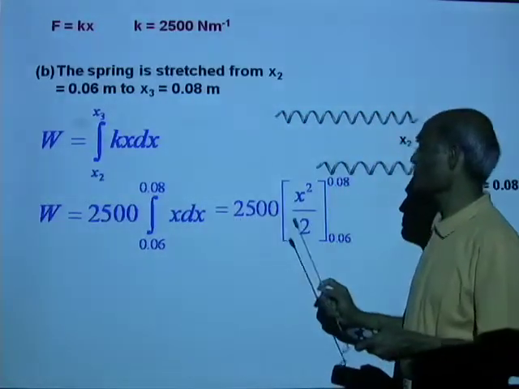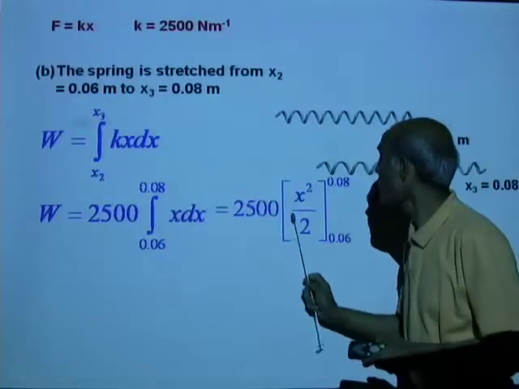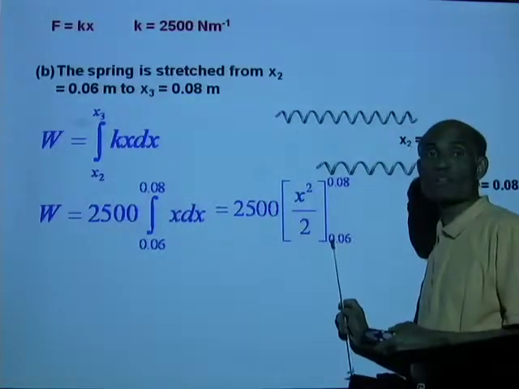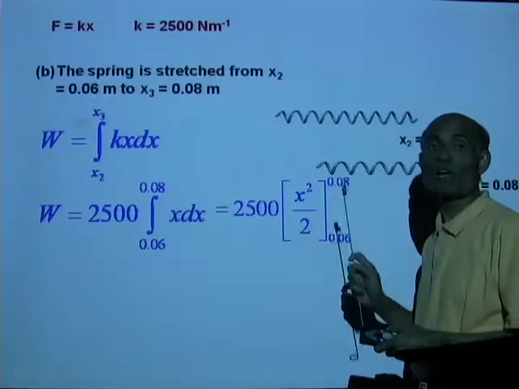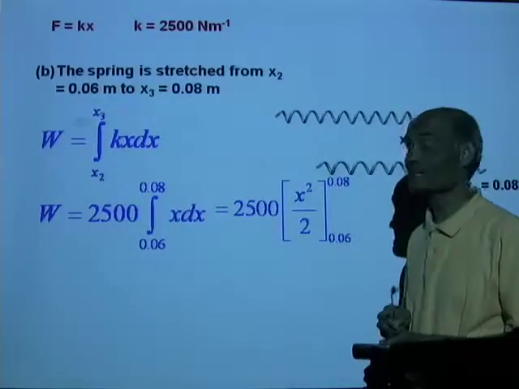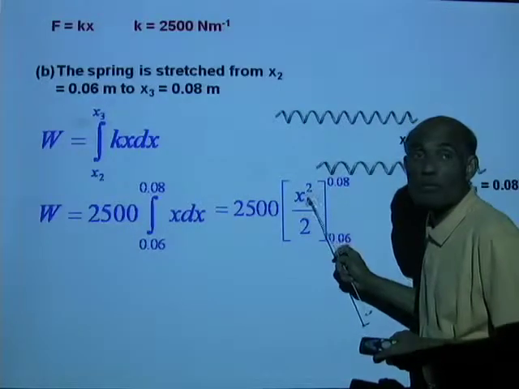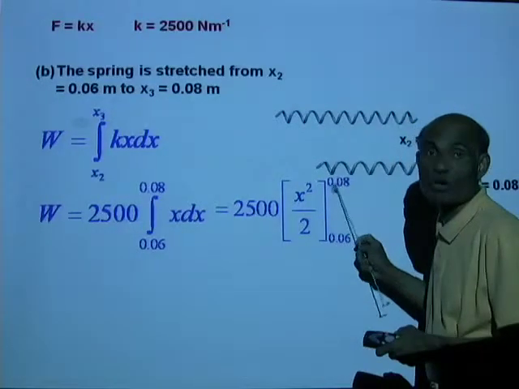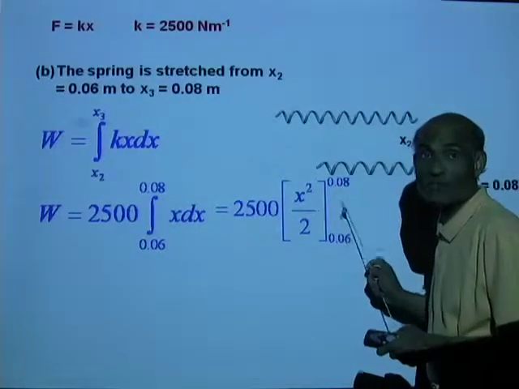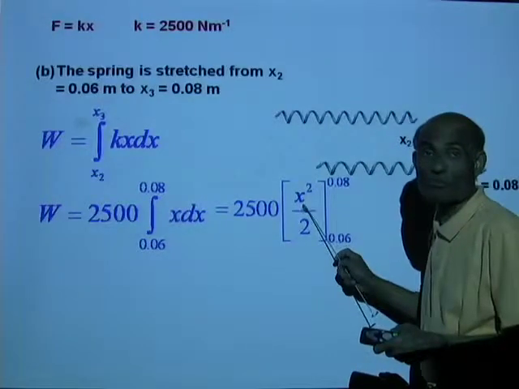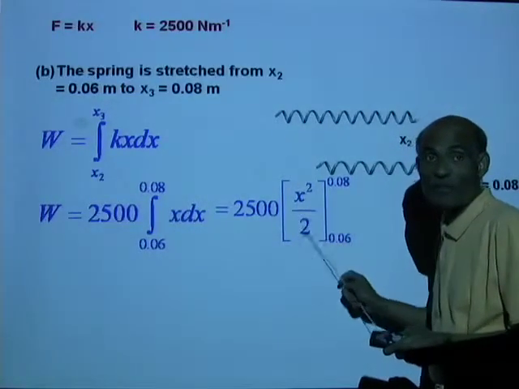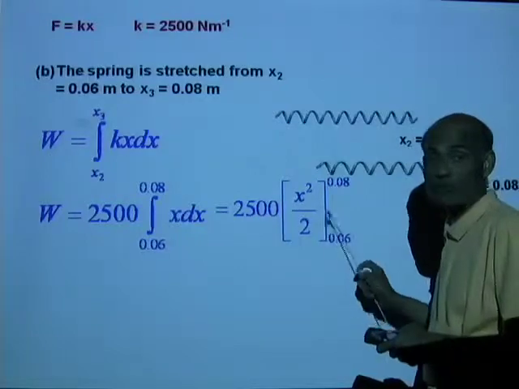That will be 2500 x squared over 2. Lower limit is 0.06, the upper limit is 0.08. Alright, we apply the upper limit, replace x by 0.08, minus, replace x by 0.06, and that will be inside this bracket.